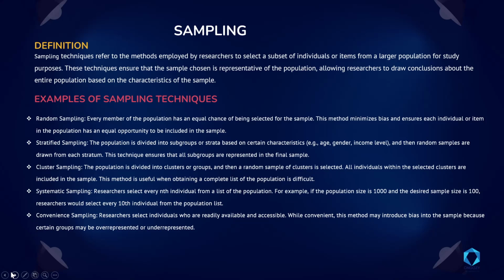Then there's convenience sampling. Researchers select individuals who are readily available and accessible. Anybody who is willing and is accessible is part of your study until you reach the number that you want. This method is convenient, but mostly it introduces bias into the sample because certain groups may be overrepresented or underrepresented.